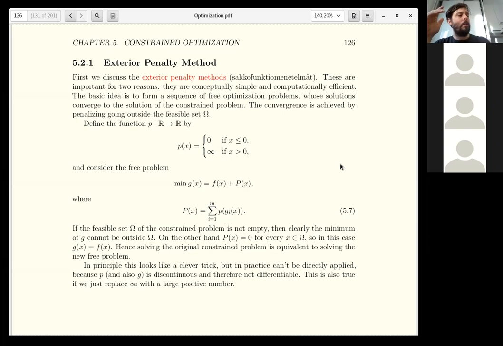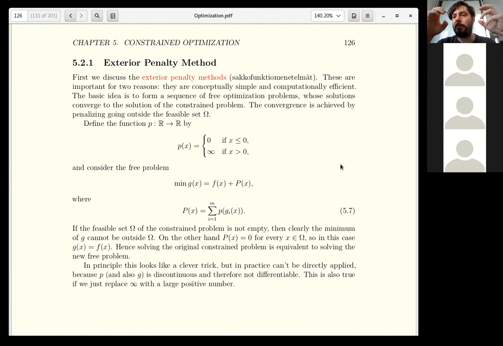So if we know how to start from a nice point within this region, and the function that defines this boundary, this feasible region, is to some extent at least nicely behaving, then we can deal with the constraint by using the exterior penalty method.